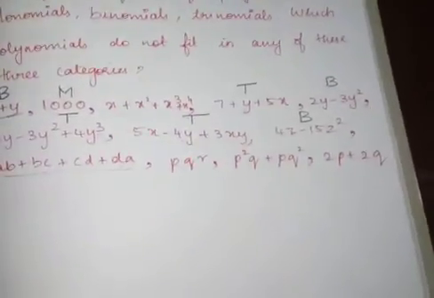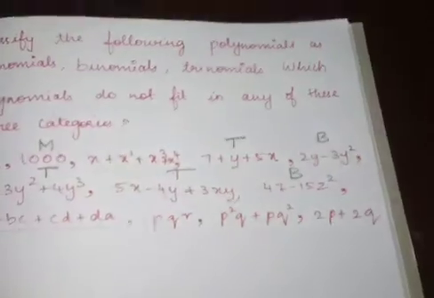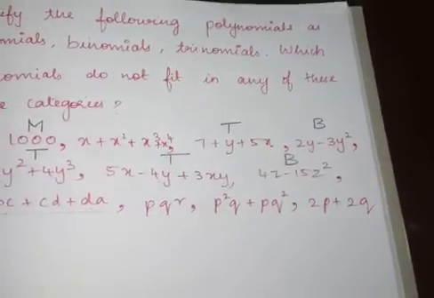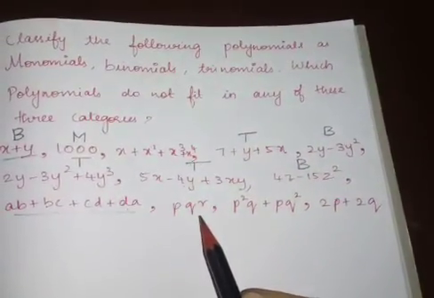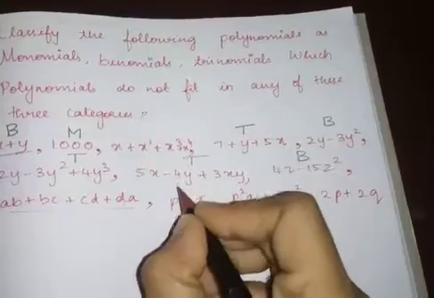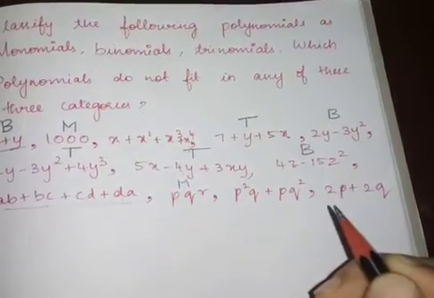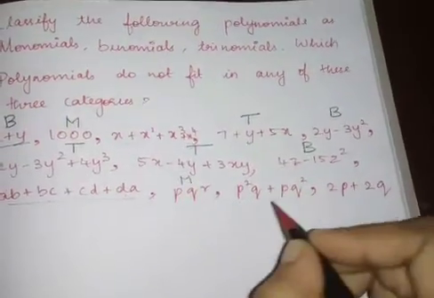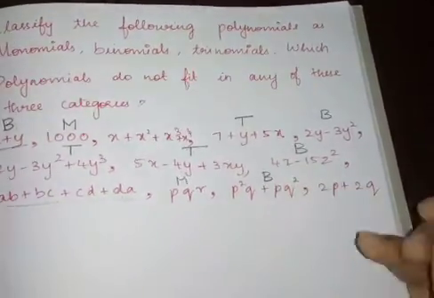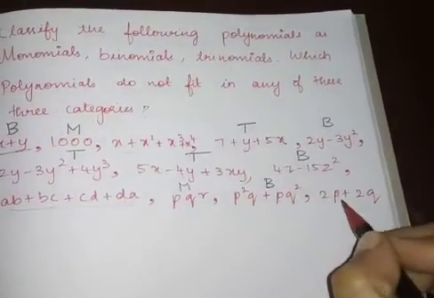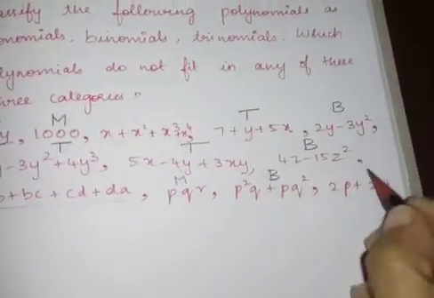So this does not belong to the monomial, binomial and trinomial category. So leave it. PQR. PQR is a monomial. P square Q plus PQ square is nothing but binomial. 2P plus 2Q, it is binomial.